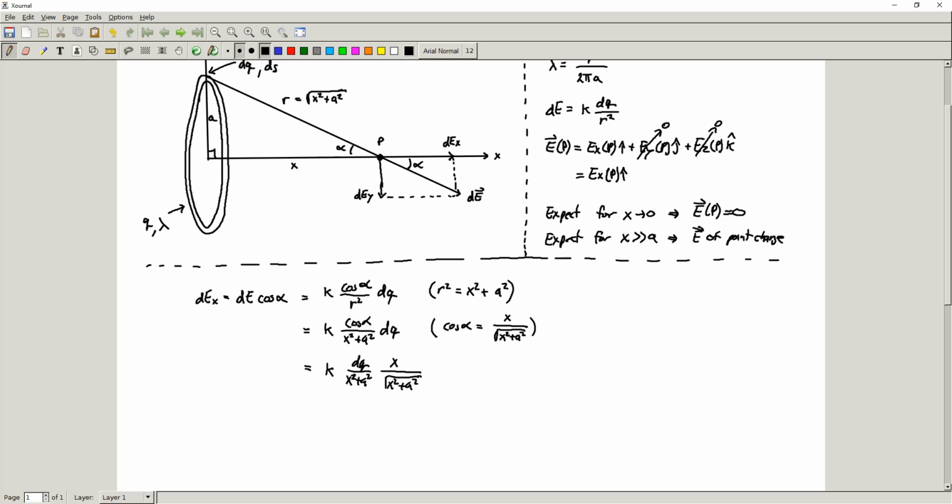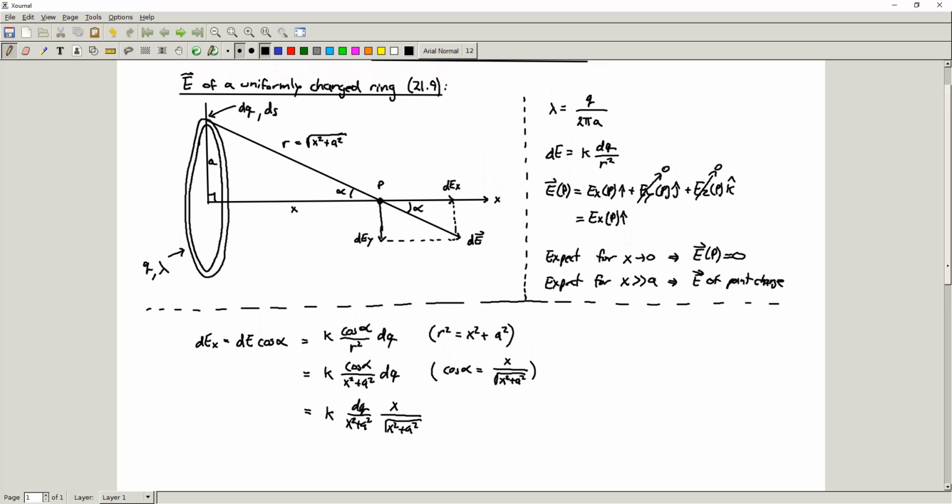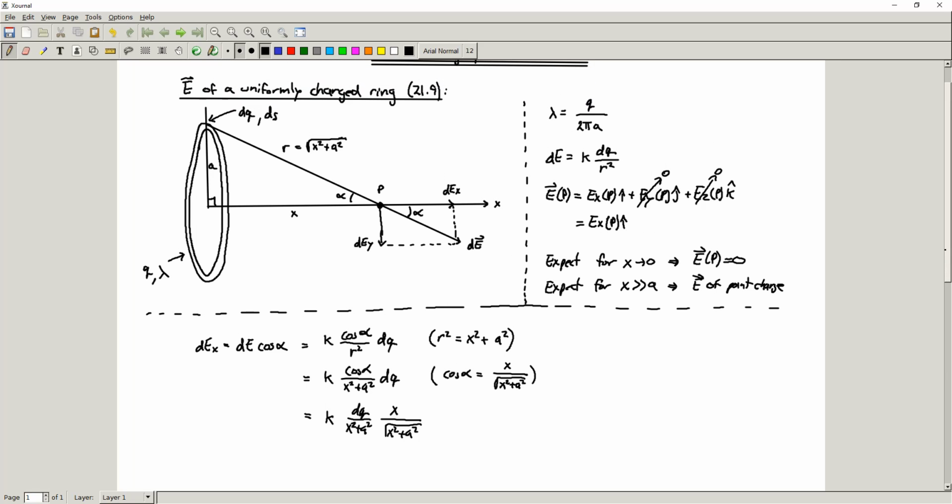And the final thing that we're going to want to do is replace this dq using our charge density, right? And so if this was the case here, we can sort of see what we wrote up here.